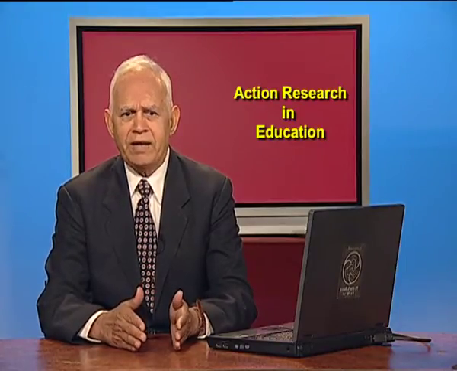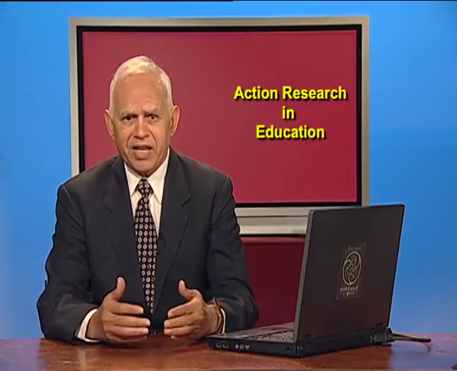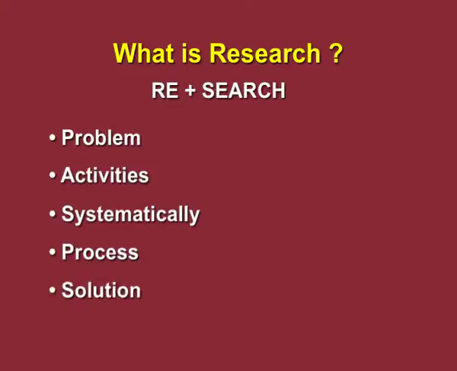So, systematic means well defined, sequenced activities, and once you do that, it refers to a process, because different activities are taking place in the process and it leads to the solution.